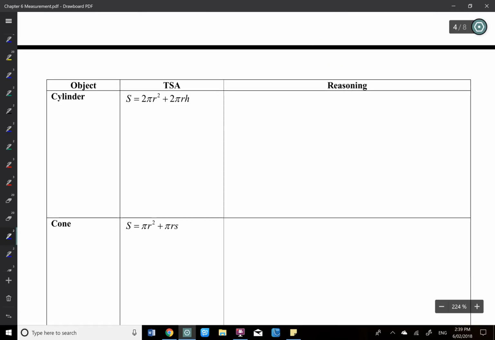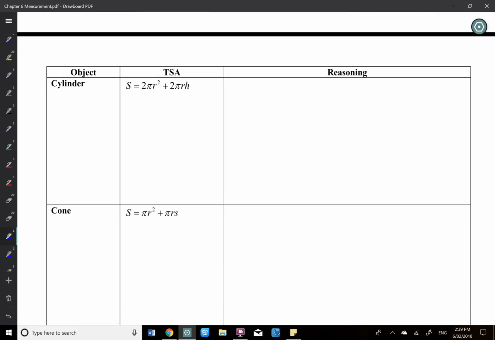So first of all is the cylinder. For the cylinder, we have 2 pi r squared plus 2 pi r h. And I want the reasoning.